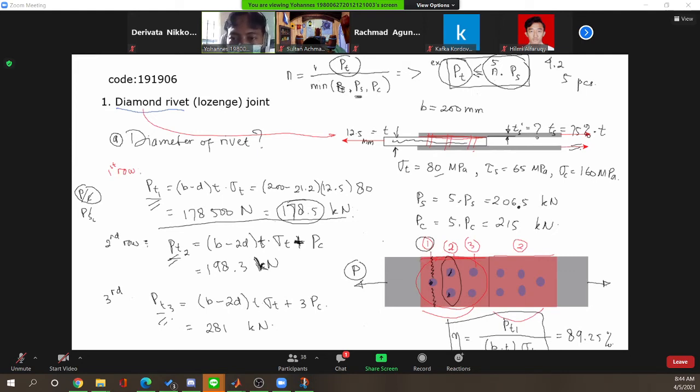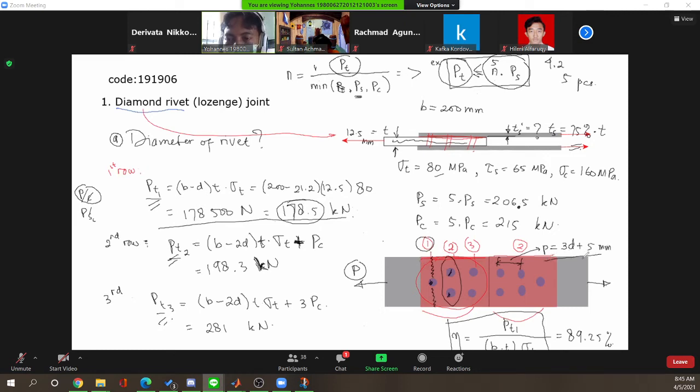And then next, please consider the pitch of rivet. Okay, so the pitch of rivet that must be used is 3 times the diameter plus 5. So between this row and this row, the pitch distance is 3 times the diameter plus 5 millimeters.